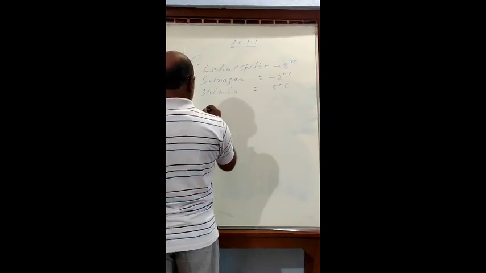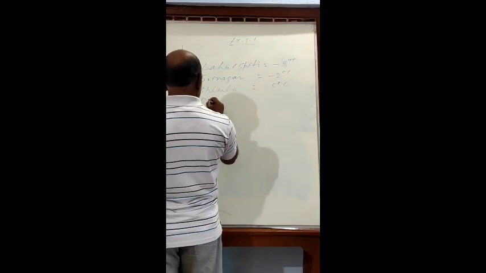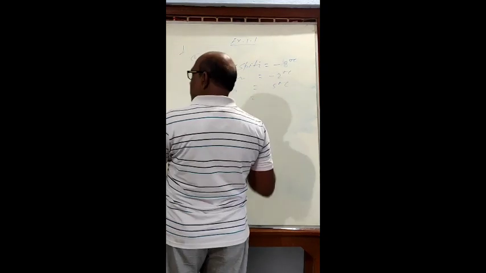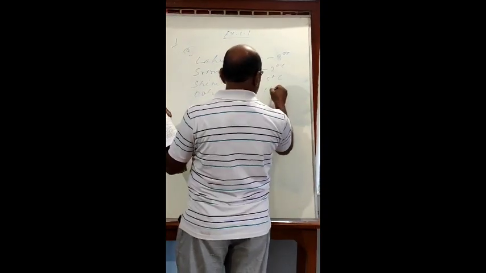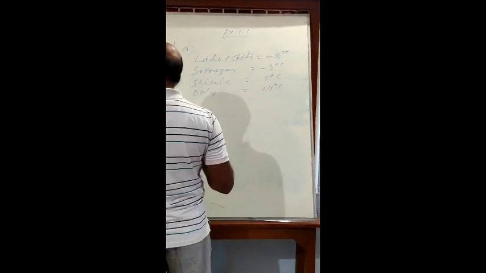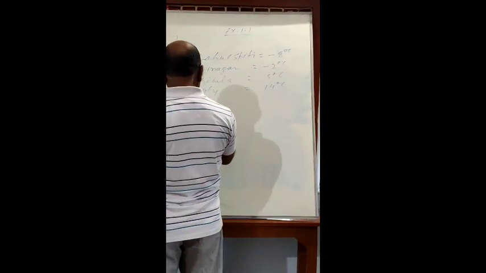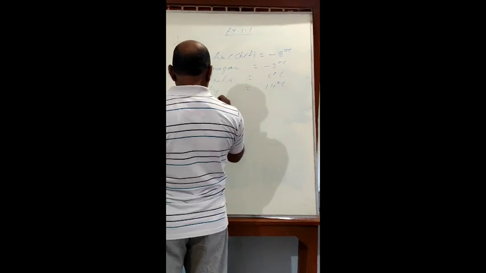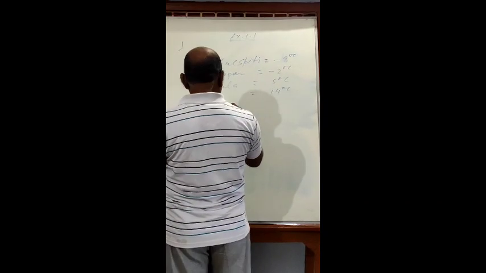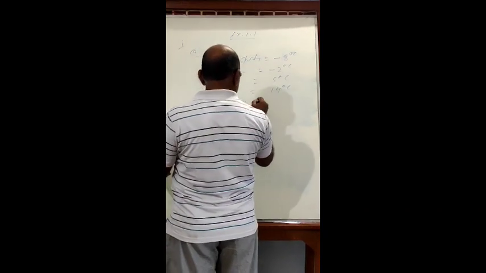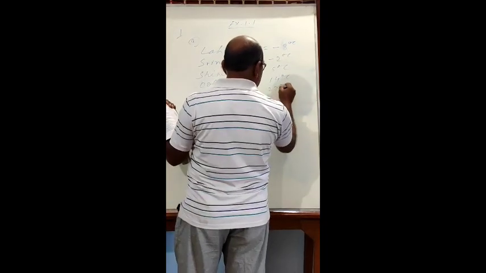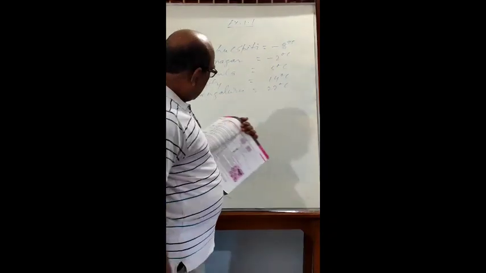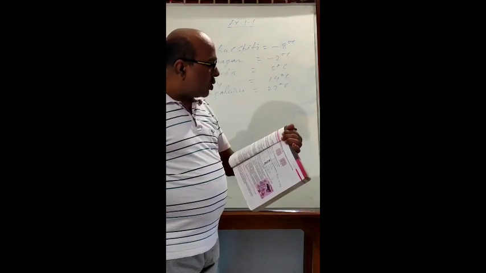The temperature of Ooty is 14 degrees Celsius. The temperature of Bengaluru is 22 degrees Celsius. This is the answer of question 1A.